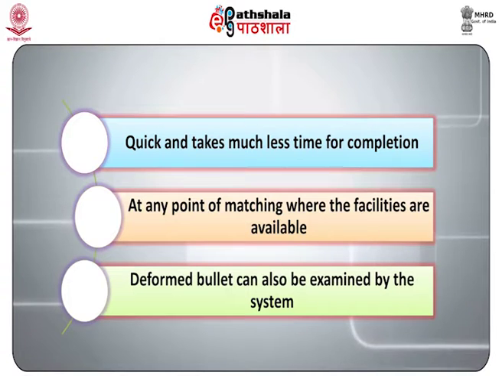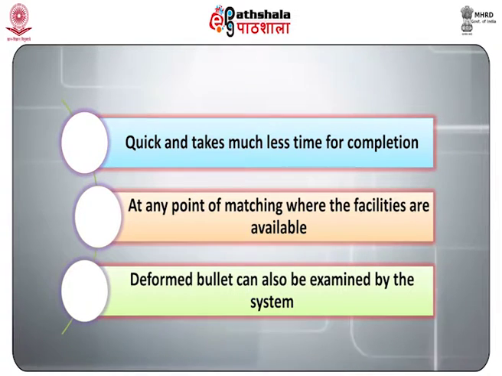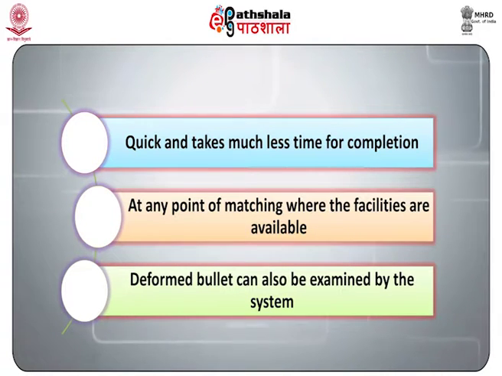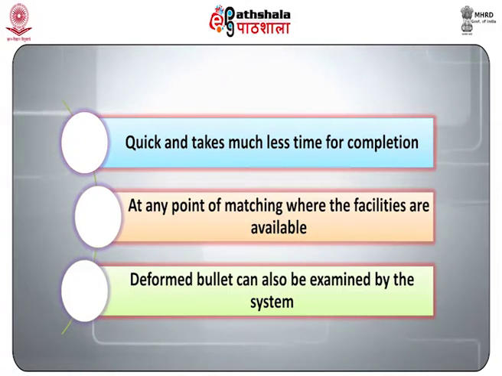Number 1, comparison is quick and takes much less time for completion. Number 2, comparison can be done at any point of matching where the facilities are available. Number 3, the deformed bullet can also be examined by the system.